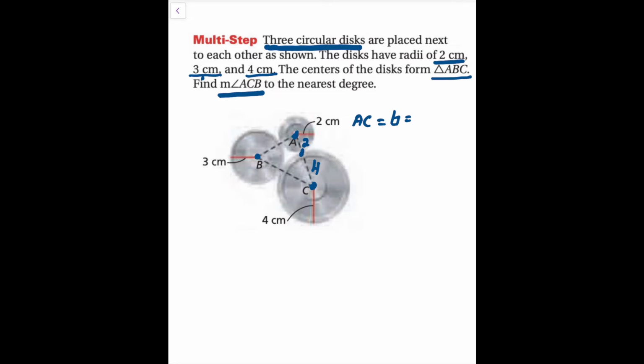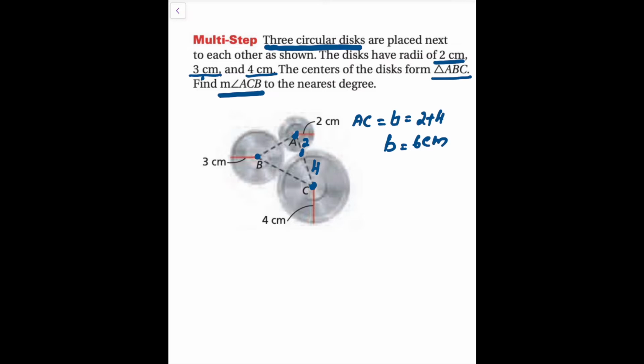So AC is equal to 2 plus 4, which is 6 centimeter. So lowercase b, which is opposite to angle B, is 6 centimeter.